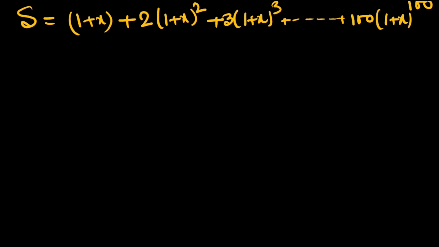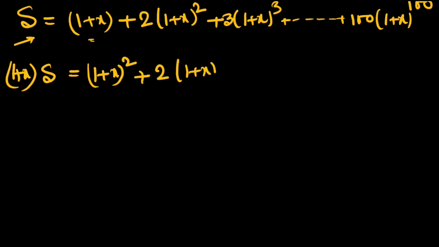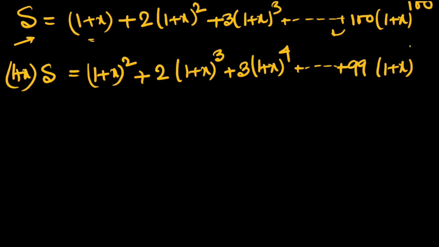Now we multiply the above expression by (1 + x), so (1 + x)S. Each term is multiplied by (1 + x), so the first term becomes (1 + x)^2, then 2(1 + x)^3, plus 3(1 + x)^4, and so on, up to 99(1 + x)^100 + 100(1 + x)^101.